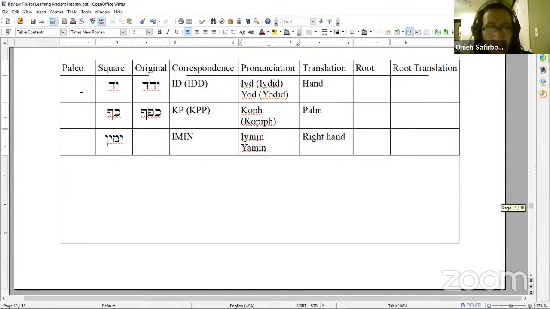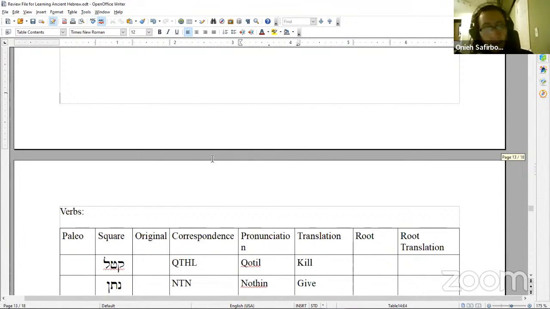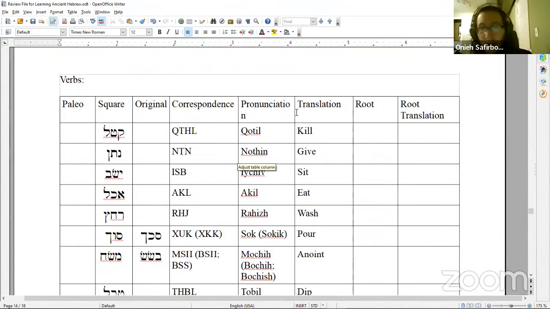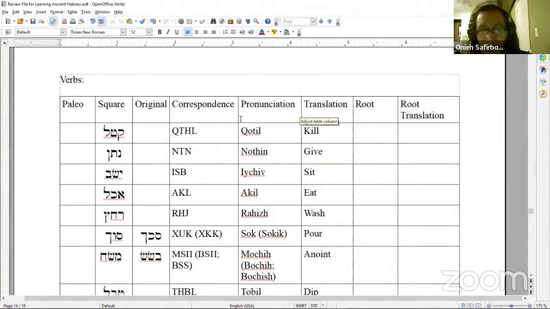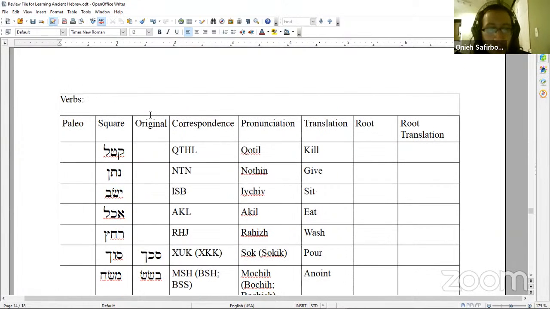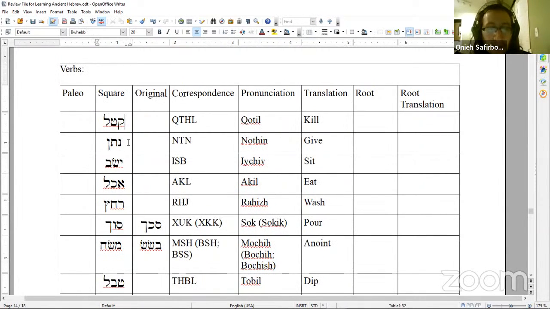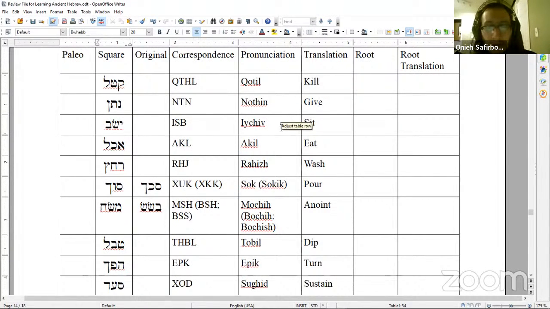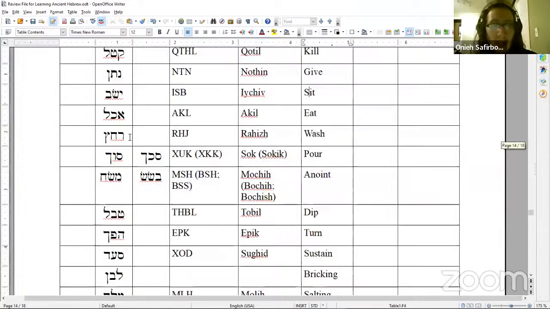And yeah, so that's the vocabulary. Maybe I'll just give it one more time. The verbs. So we've got kill, katil, and give is nothing. Ishiv, sit. Akil, eat. Rahij, wash.